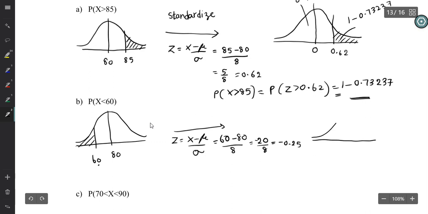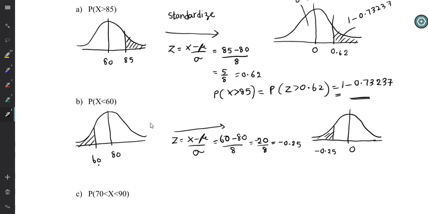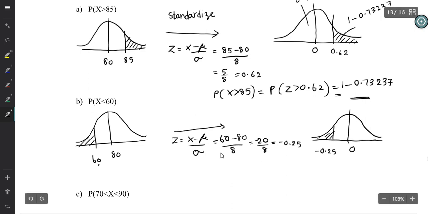So this is the same as the left tail of the z score, negative 0.25. That it should be 2.5, right? Negative 2.5.